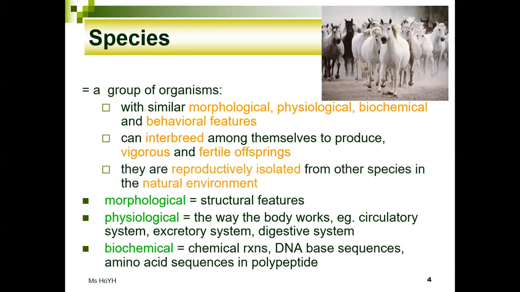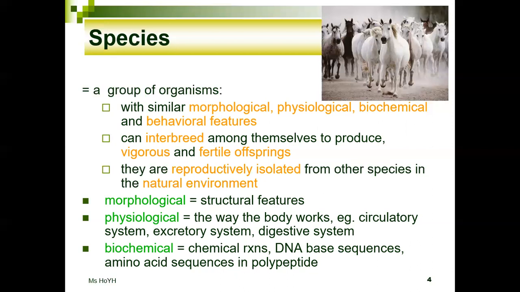And then also they are reproductively isolated from other species in the natural environment. What does it mean? That means that in the natural environment, why are they considered different species? Because they are reproductively isolated, meaning they cannot interbreed. Let's say you take a dog and a wolf. In natural environment, they don't mate. But in the lab or in the zoo, you take them, you mate them, they can produce offspring.